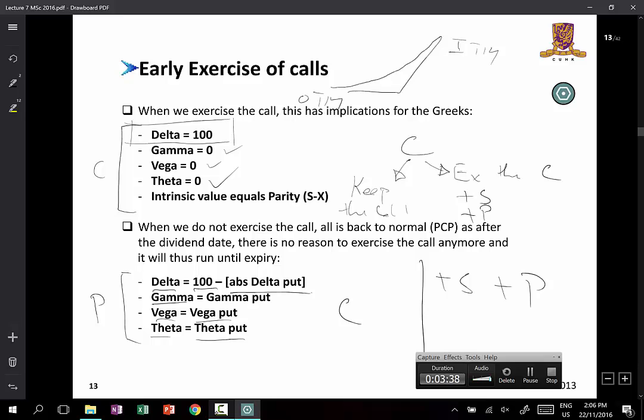So here, if you hold the call to maturity, these can be the Greeks of that call, which will be approximately the same as the gamma, vega and theta you have for the put. So there's a symmetry between the Greeks over here for gamma, vega and theta, and the Greeks over here. Okay, that's the whole point about this slide.